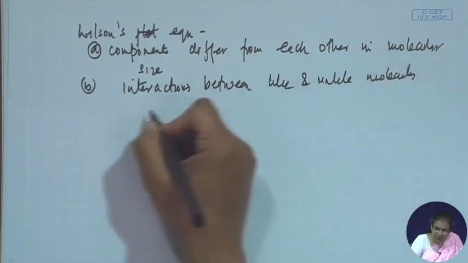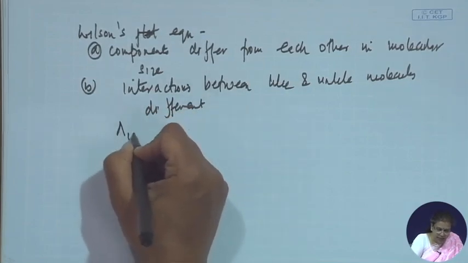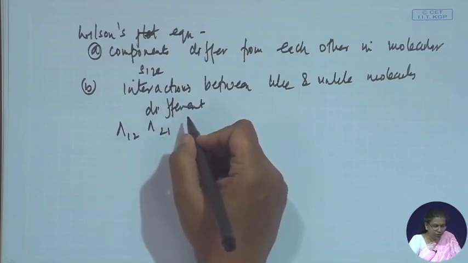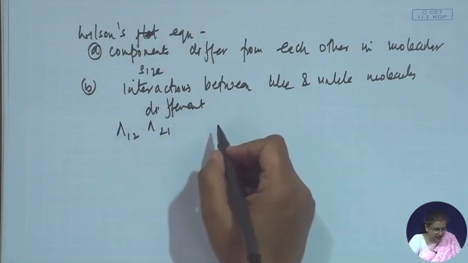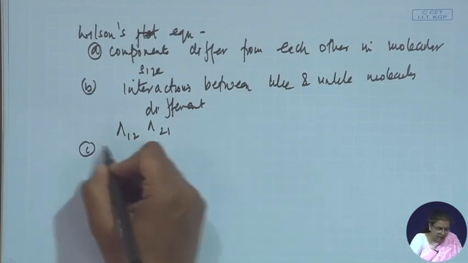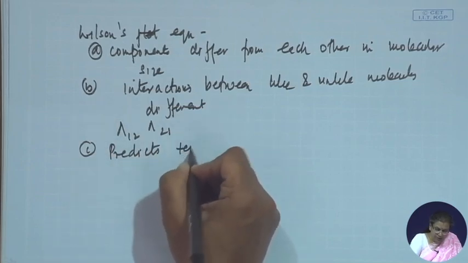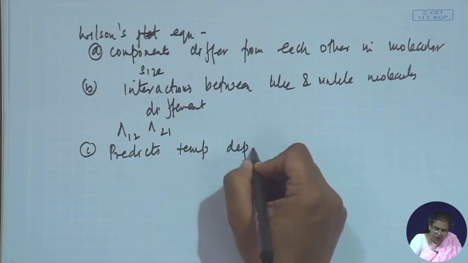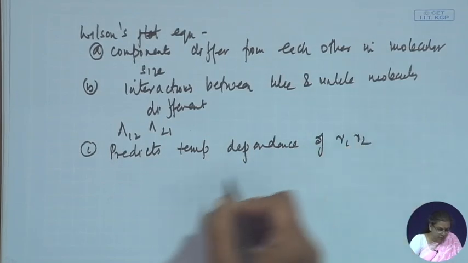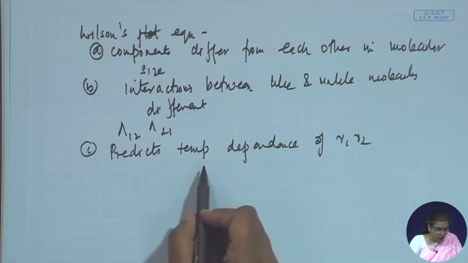For these 2 conditions more or less it is applicable, because the lambda 1 2 and lambda 2 1 are related to the pure component molar volumes and characteristic energy differences, etc. So, the third advantage is it predicts the temperature dependence of activity coefficients gamma 1 and gamma 2, and therefore, these are developed through considerations of molecular behavior.